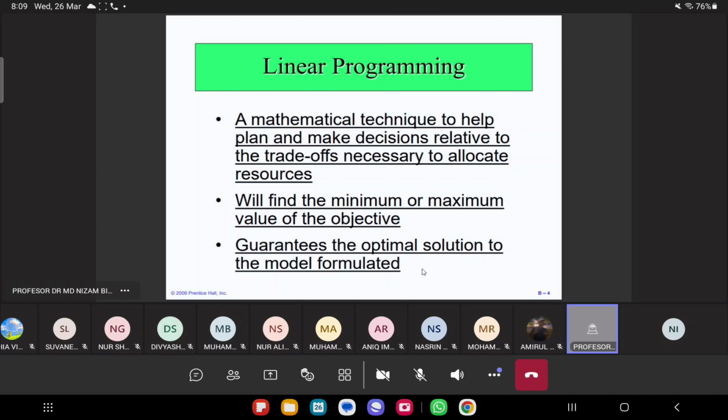And that solution is the optimum solution. Meaning that you cannot find any other better solution than that based on the model that you developed. Okay. Any question so far?